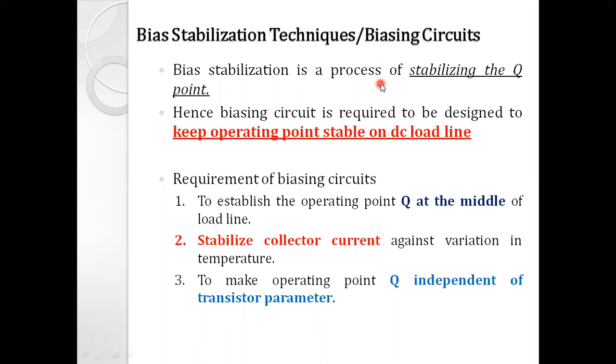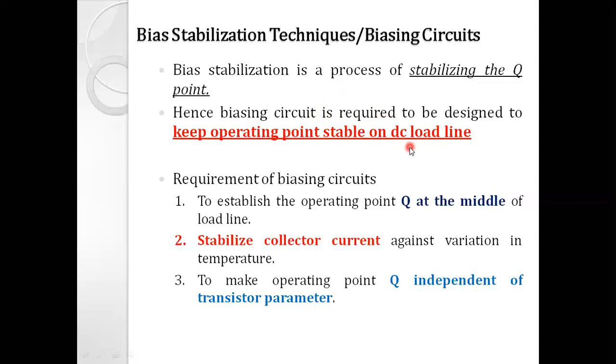So when we connect transistor in the common emitter configuration, and if we want to get the amplifier function from the transistor, then the transistor should be biased in such a way that it must act in the active region, right? So operating location of the operating point should be at the center of the DC load line, right? So the biasing circuit is required to keep the operating point stable on the DC load line.